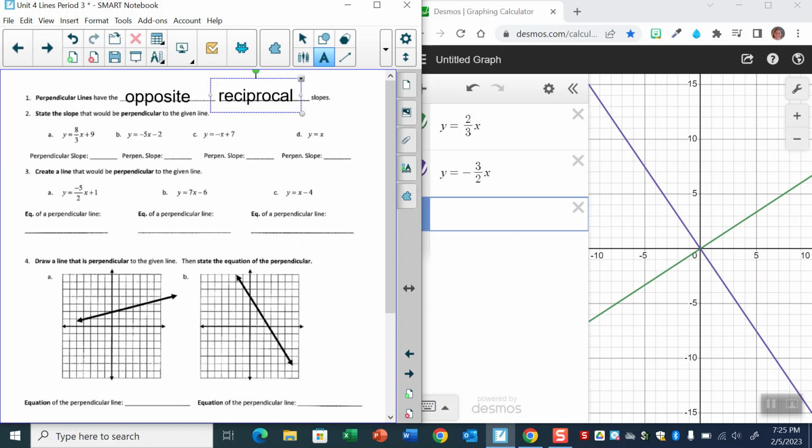That means if you multiply them together, you get -1. And the reciprocal is like if you flip the fraction over.